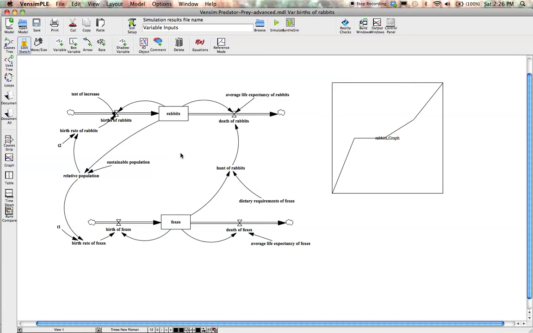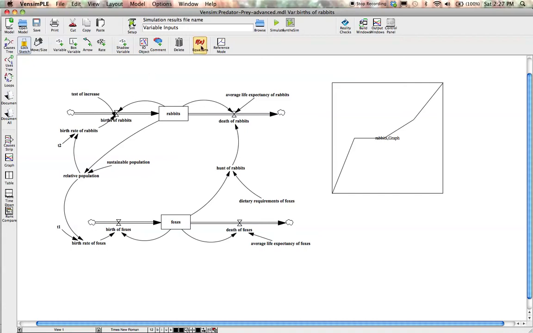Let's start with the rabbits, and the rabbits have a rate of birth and a rate of death. The rate of birth of the rabbits in this model had the specific intent of inserting a sort of disturbance into the system. Okay, I'm going to explain to you what that is.